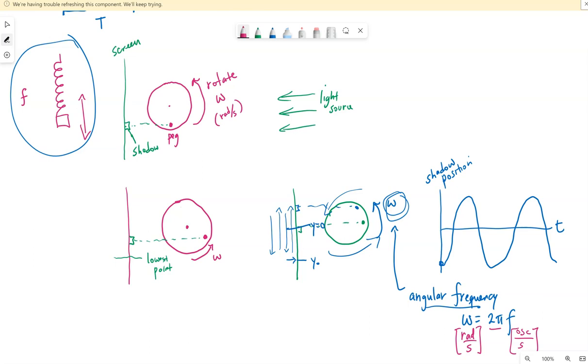So one single oscillation of the mass up and down on the spring is equivalent to one full revolution of this disk, and then the motion of the shadow that we would see on the screen. So we can say there's 2 pi radians for one oscillation, because when we equate that to the circular motion, one oscillation equates to one revolution.